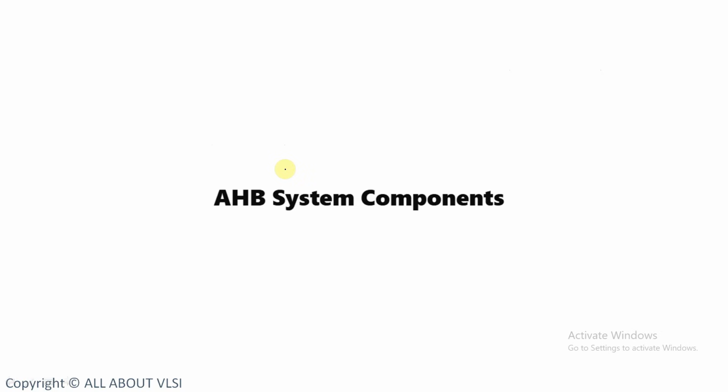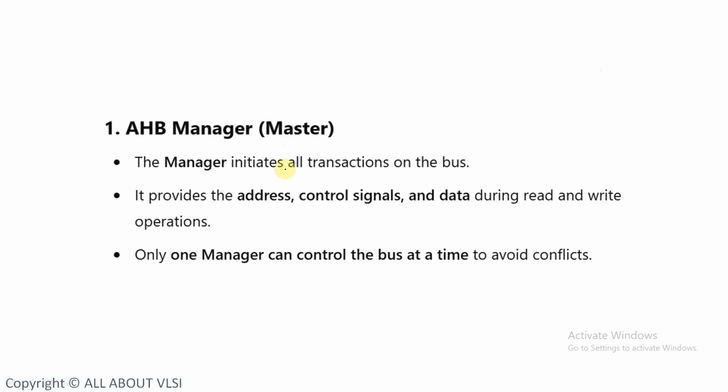Now, let us try to understand AHB system components. As we have already seen, AHB has a master that is also known as the AHB manager. Why are we calling it a manager or master? Because it is initiating the transactions on a bus.